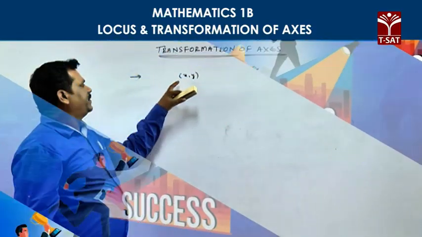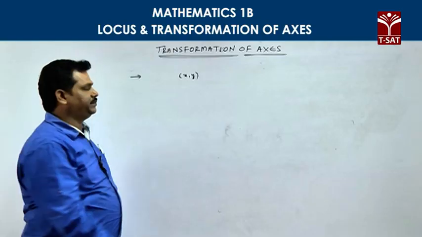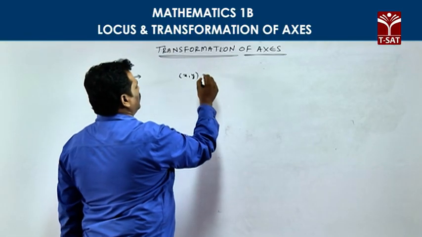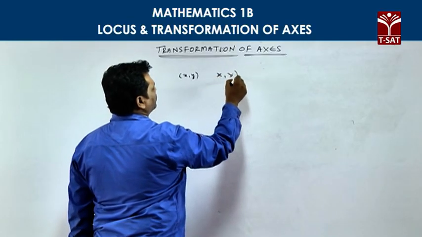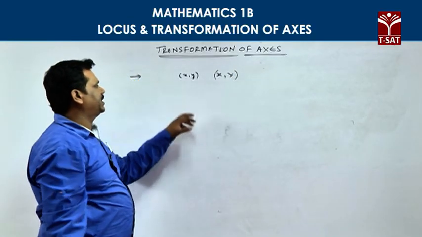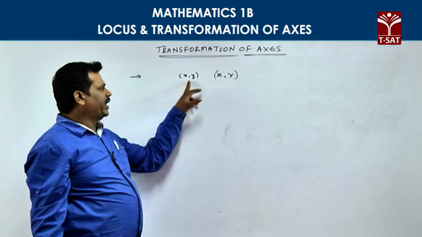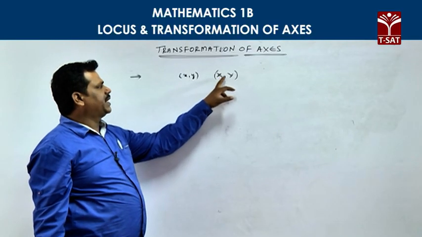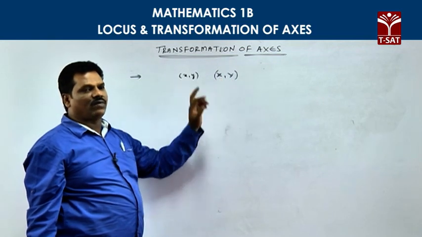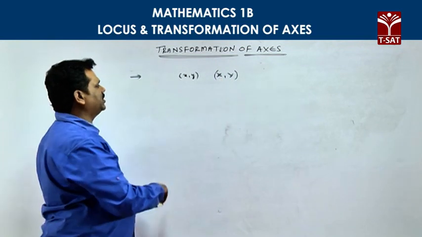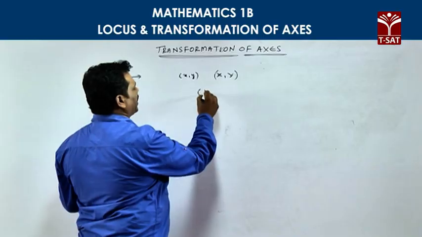The coordinates x comma y of a point transform to capital X capital Y. Here small x small y will be changed to capital X capital Y when the origin is shifted to h comma k.